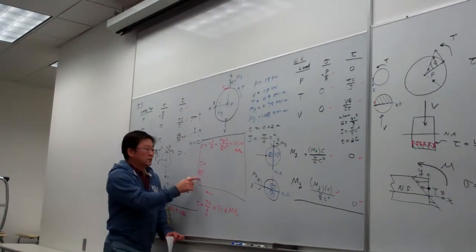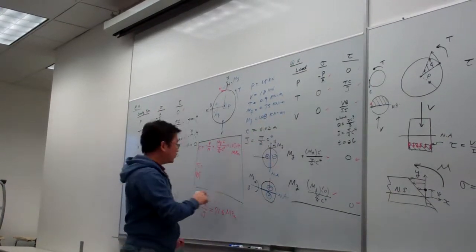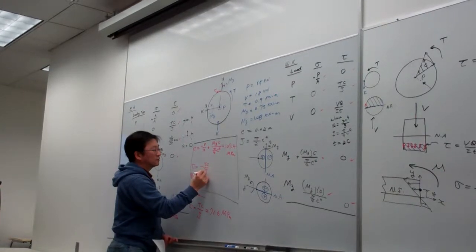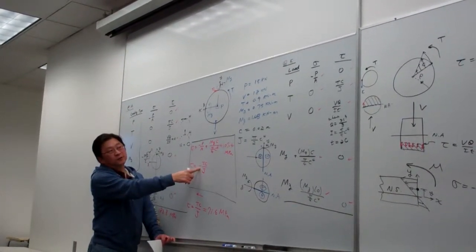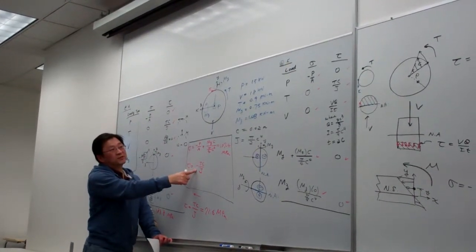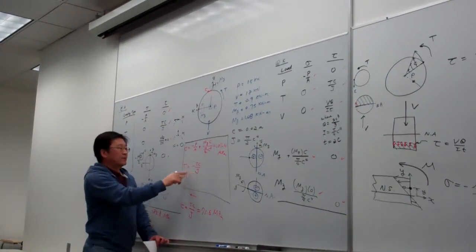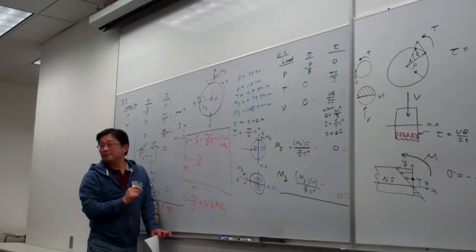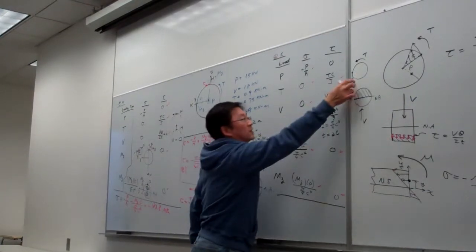So if I take upward as positive, then Tc over J, in my sign convention, will be negative, because due to torsion the shear stress is downward. I already have the direction here.